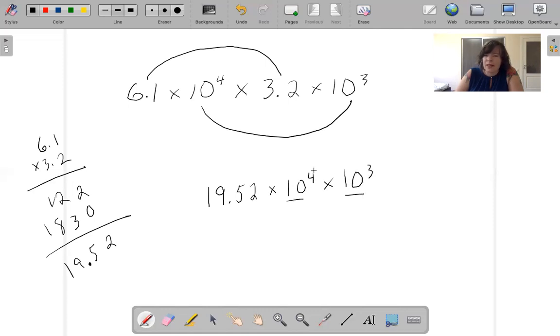All I have to do is add the exponents. 19.52 times 10 to the 7th. Yay! We did half the lesson already.